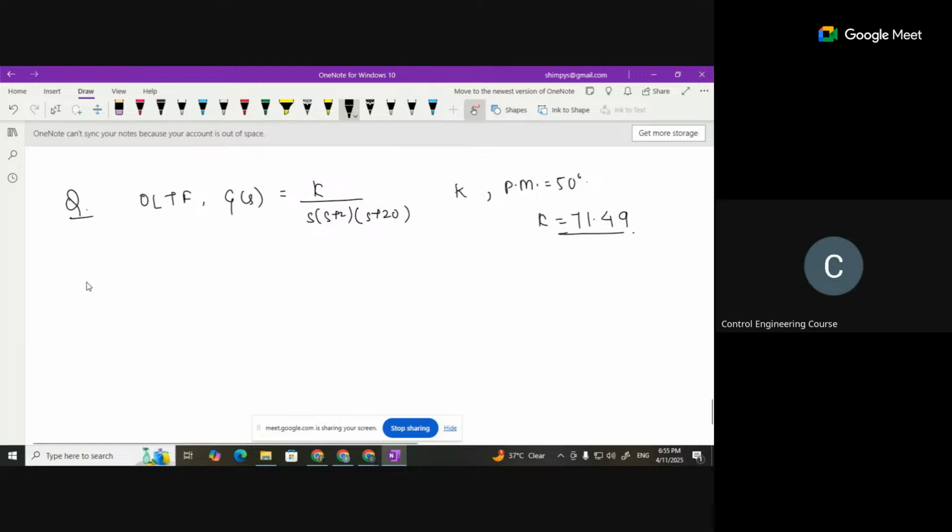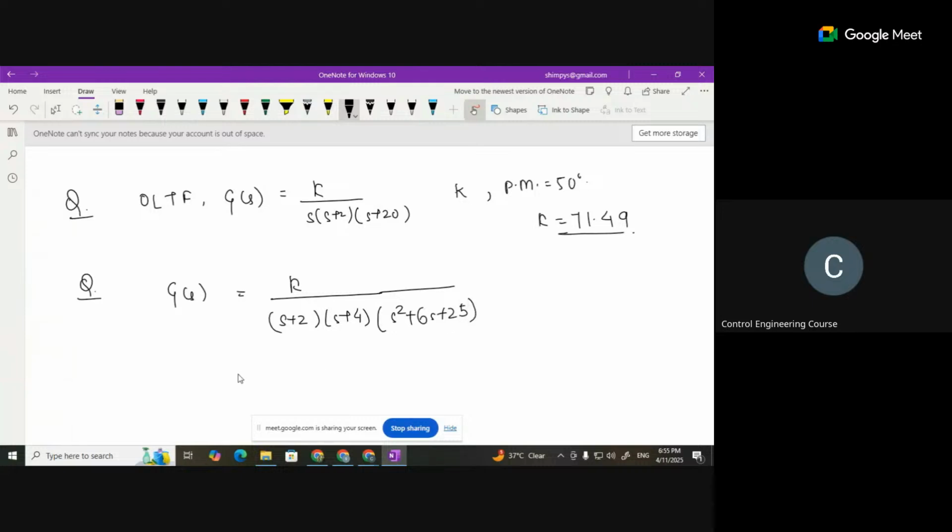So let us do one question based on stability. For a unity feedback control system, the open loop transfer function G(S) is given as K (S plus 2)(S plus 4) by (S square plus 6S plus 25).